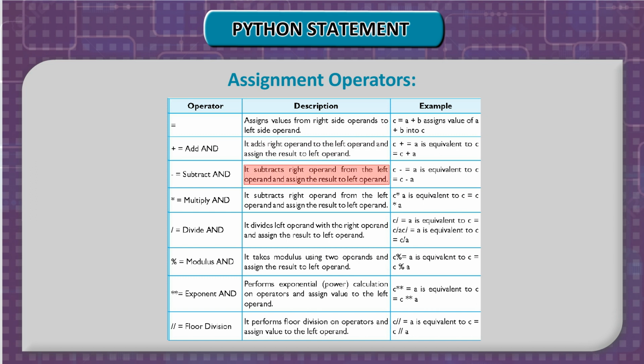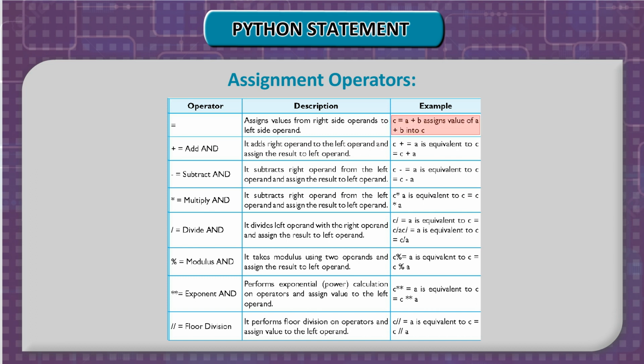Minus equals subtracts the right operand from the left operand and assigns the result to the left operand. Slash equals divides the left operand by the right operand and assigns the result to the left operand. Percent equals takes modulus using two operands and assigns the result to the left operand. Exponent and performs exponential, power, calculation on operators and assigns the value to the left operand. Floor division performs floor division on operators and assigns the value to the left operand.